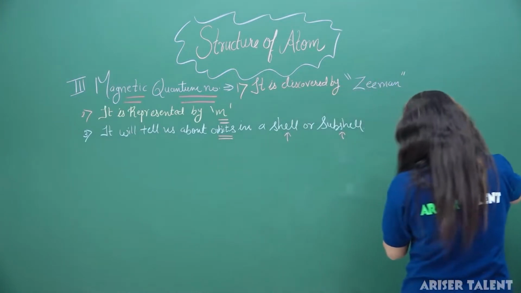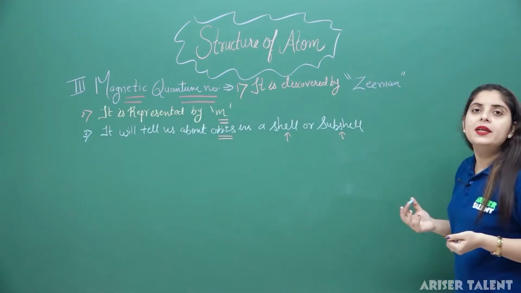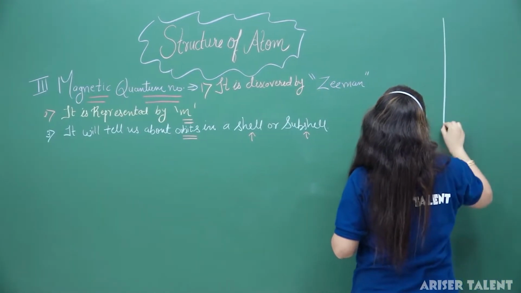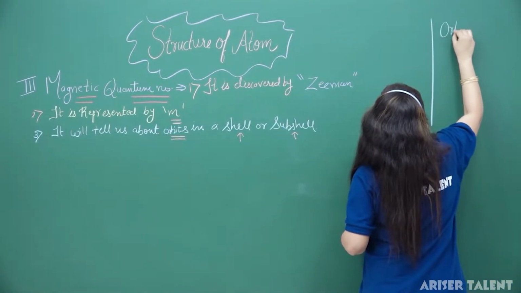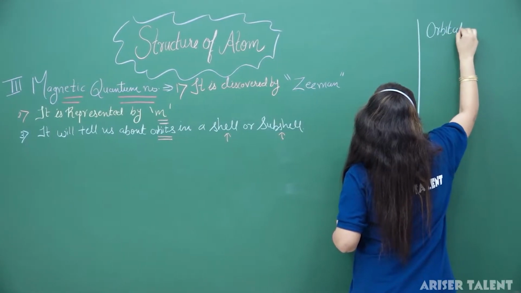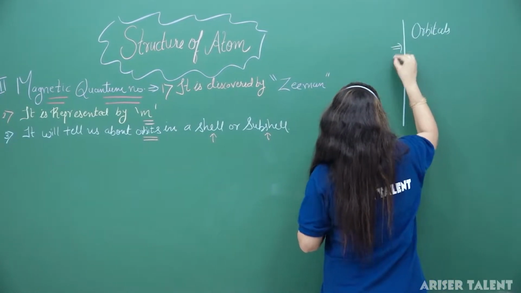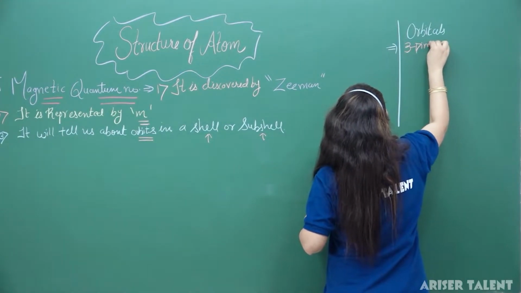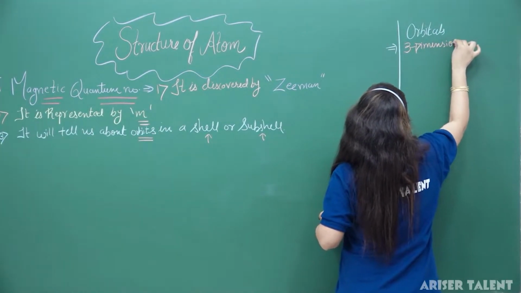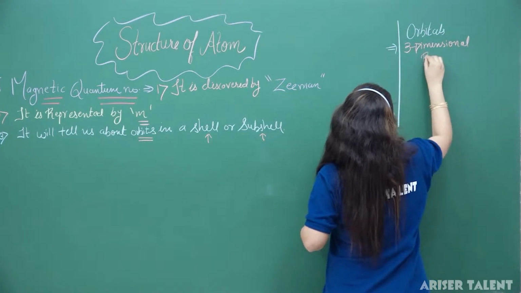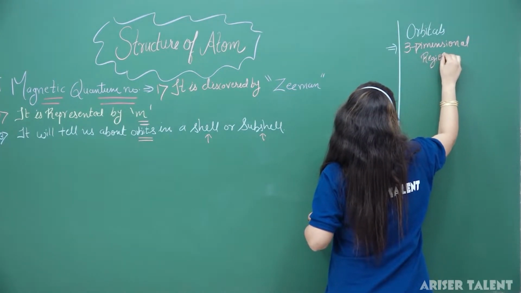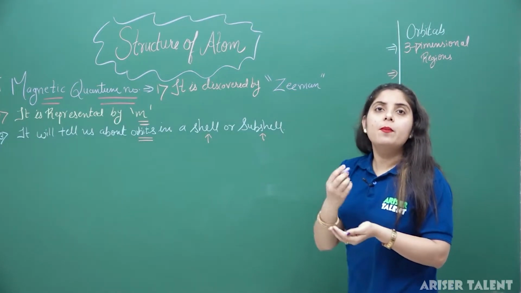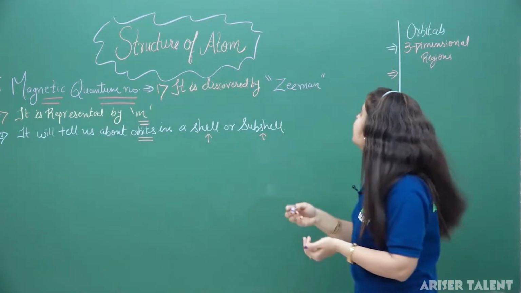So, I am writing here what an orbital is. The term orbital we have discussed in our previous lectures. So, what are orbitals? Orbitals are actually three-dimensional regions in which the probability of finding the electron is maximum.